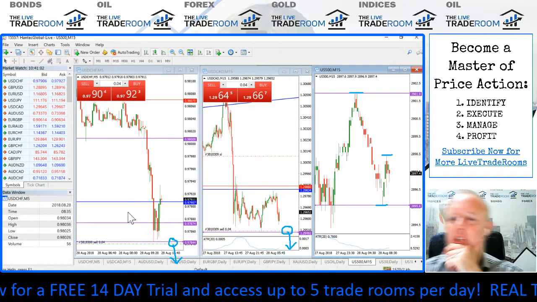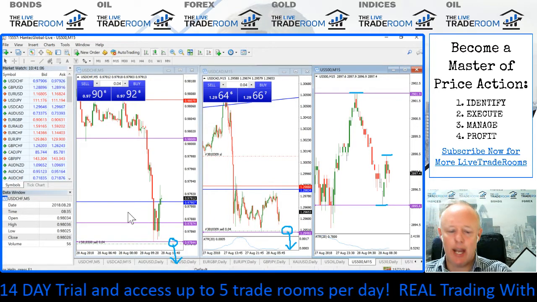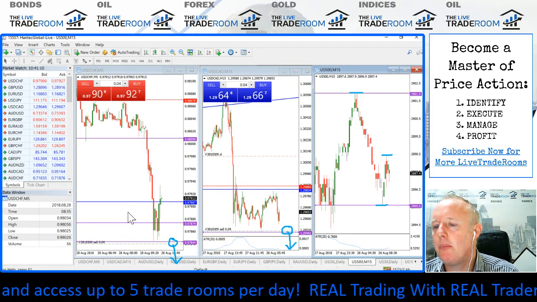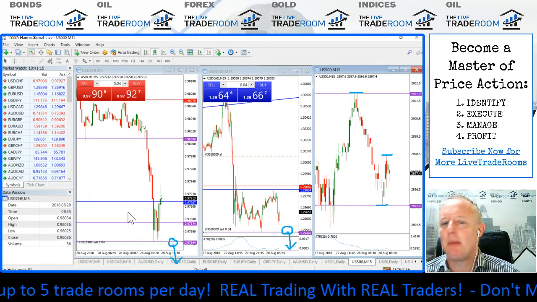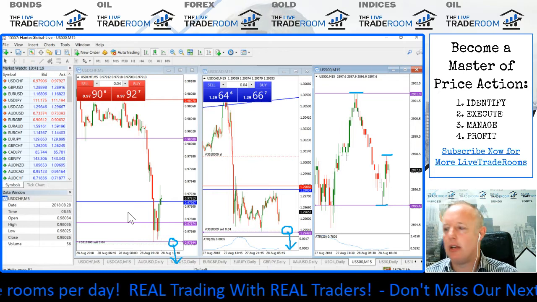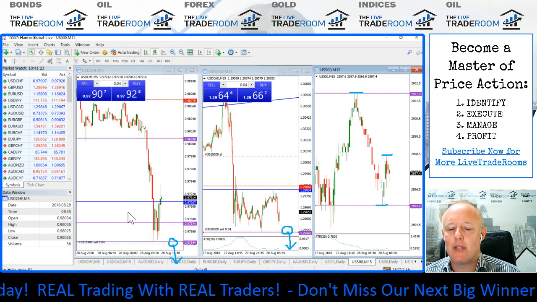We did have really strong moves across many markets yesterday. In the end, it took all day for those moves to start delivering, which again is the precarious position of trading summer markets. So just bear that in mind. We're going to start seeing volatility increase, which is what we want to see. It's what gives us the opportunities.